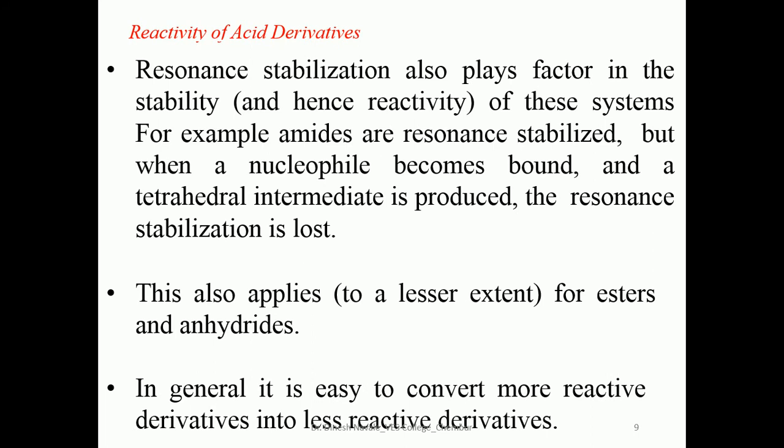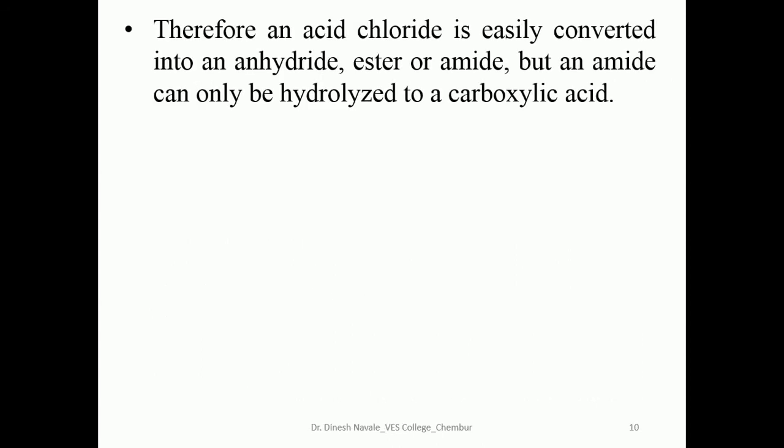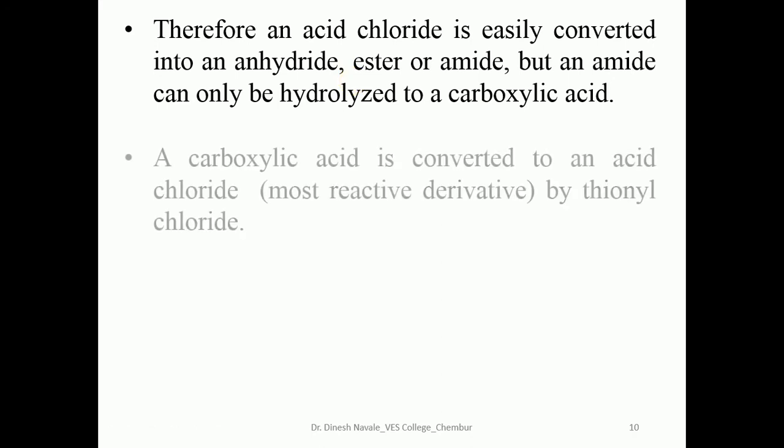In general, it is easy to convert a more reactive derivative into a less reactive derivative. Therefore, an acid chloride can be easily converted into an anhydride, ester or amide. All these conversions of acid chloride into either anhydride, ester or amide are carried out through the tetrahedral mechanism.